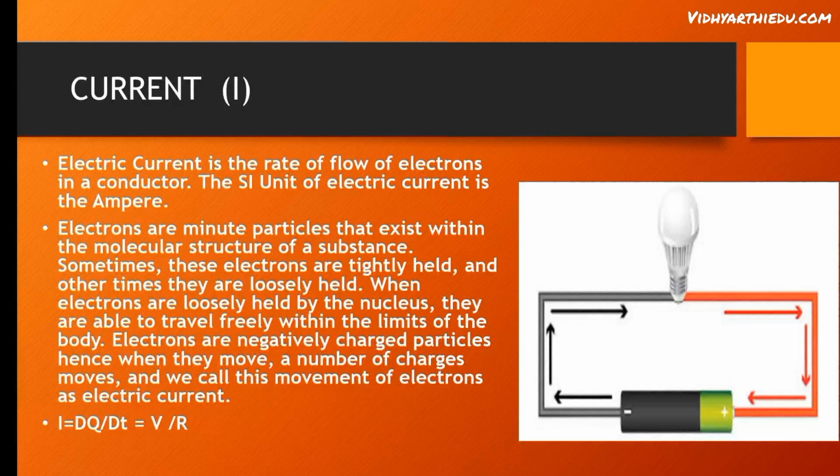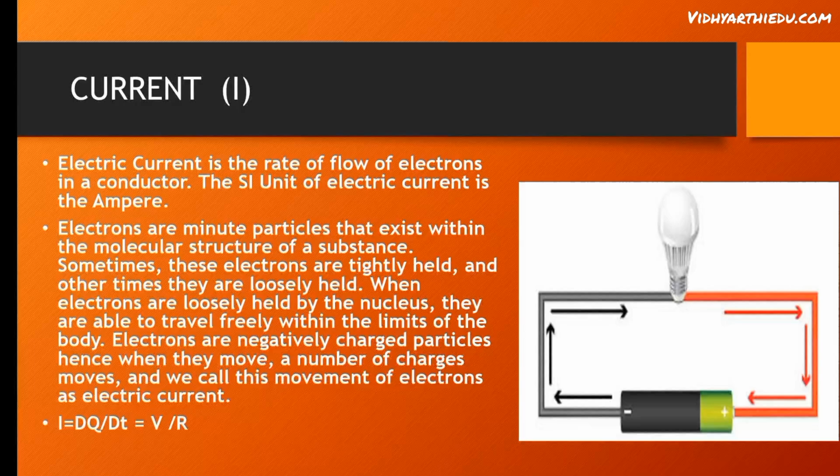Because the conventional direction of current was assumed to be from positive to negative before the invention of electrons. Scientists assumed that electric current flows from high potential to low potential. But after electrons were discovered, they observed that the flow of electrons is opposite to the direction of electric current.